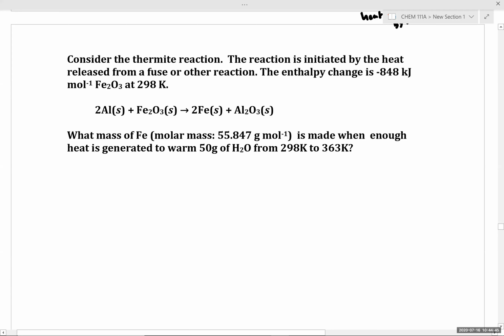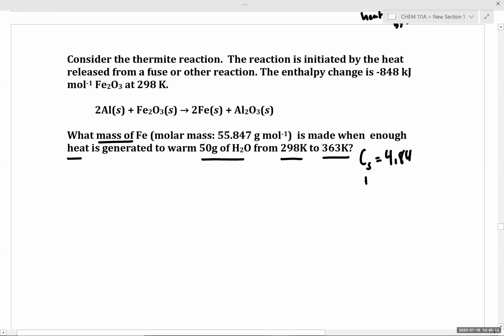From this, I'd like you to calculate the mass of iron that we generate from this reaction when enough heat is generated to warm 50 grams of water from 298 Kelvin to 463 Kelvin. And just because we're in kelvins, I'm going to show you a little trick. The specific heats in Celsius are the same as the specific heats in Kelvin.